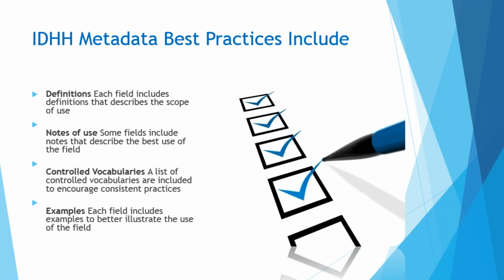These are intended to encourage the use of consistent terms. And then every metadata field includes examples and use cases that highlight the best way to use the field. Lastly, it should be noted that metadata that is contributed to DPLA, even if it is not visible in the user interface, is still searchable. I will say that multiple times during this because it's really important to consider that.